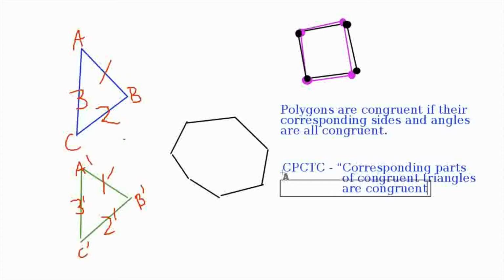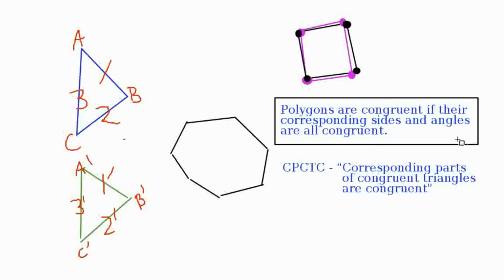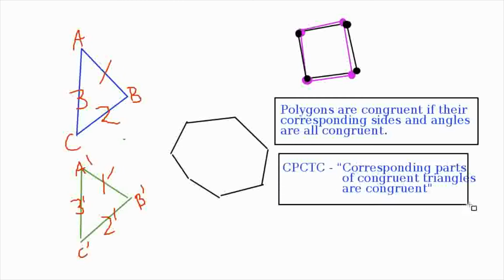That's basically what I just gave you as the definition of polygons applied to triangles. The corresponding sides and angles of congruent polygons have to be congruent. So for triangles, of course, the same thing has to be true. And when we use that, we'll say, for this proof, we're using CPCTC. That's just a cutesy little acronym you'll see come up, so just keep that in mind.